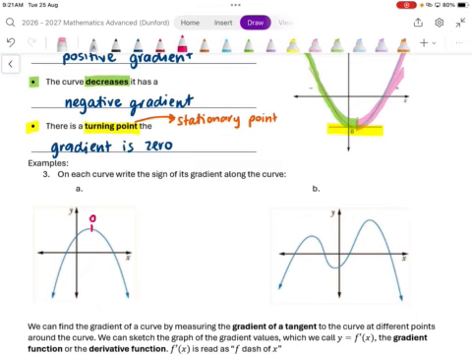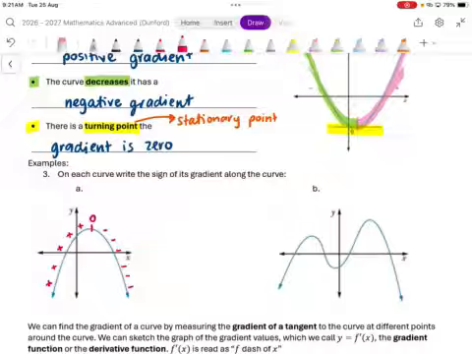Are we increasing on our graph? So that means we have a positive gradient all the way along here. Then from our turning point, where our gradient is 0, our graph is decreasing. Because our graph is decreasing, we'll have a negative gradient.